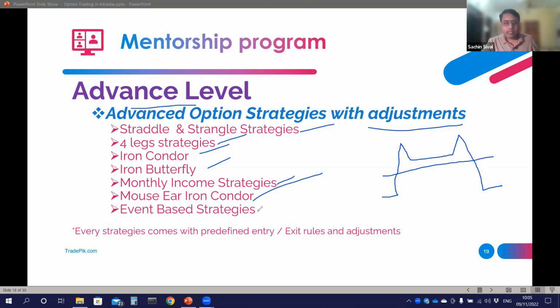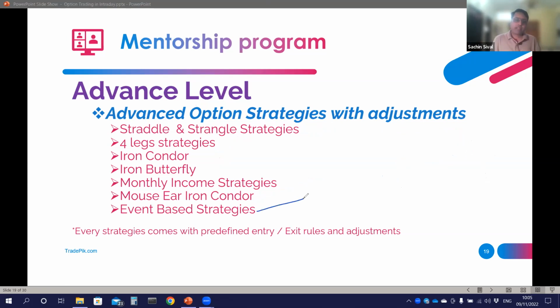And next is the event-based option strategy. So what is event-based option strategy? When you know there is a known event, like a monetary policy is coming, or an election is coming, or results are coming, where you already know this event is on a particular date.